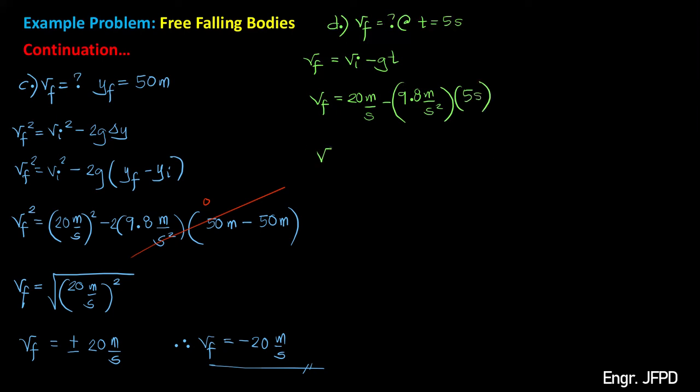Solving for the final velocity now, this will be equal to negative 29 meter per second.